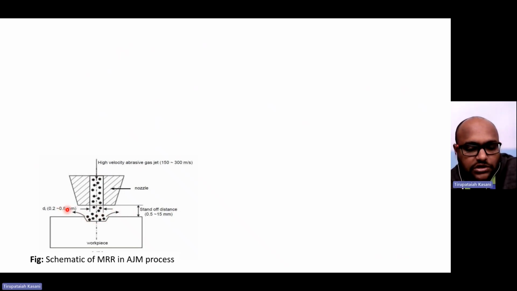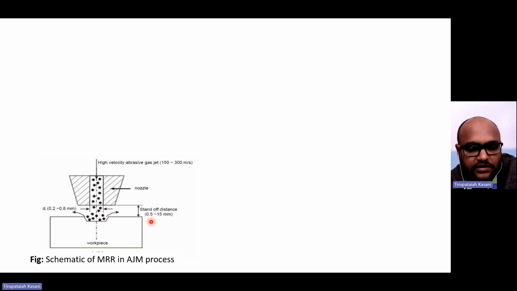Of course, this is the high velocity, high pressurized gas mixed with the abrasive particles. The kinetic energy of the abrasive particles is converted into tearing action of the material on the top surface of the workpiece.